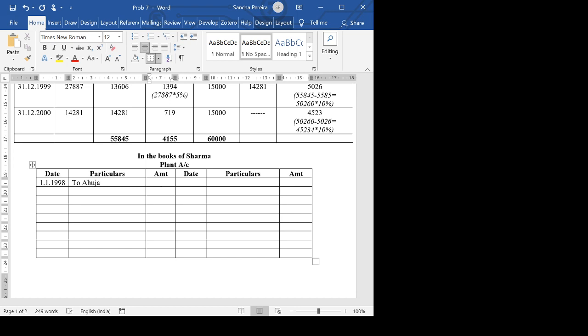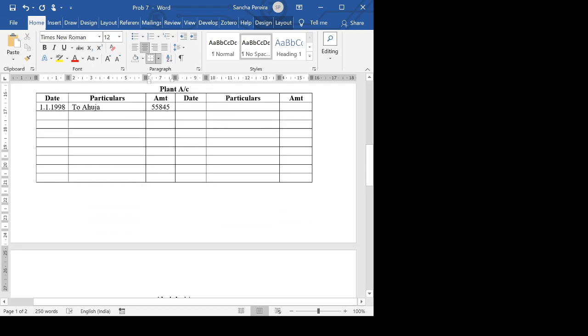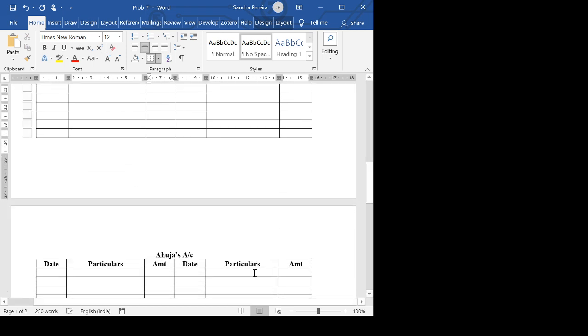Cash price always, 55,845. And in Ahuja's account, you will have 1st January 1998 by plant 55,845.